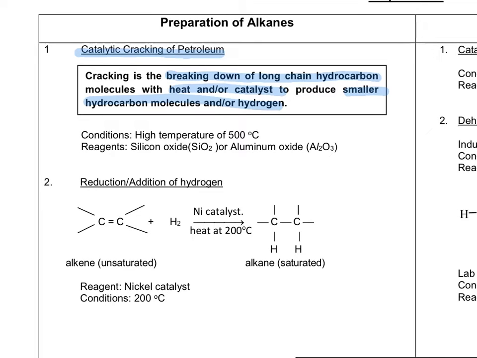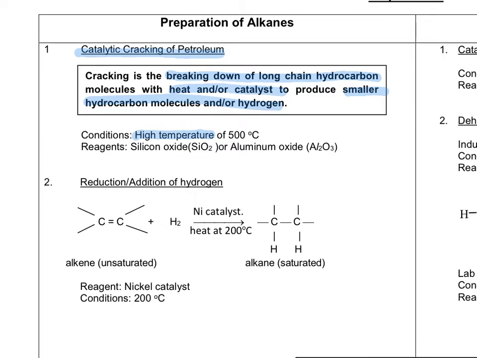So petroleum is what we get from the ground. We learn this in the topic on fuels, and we break them into smaller molecules, and one of them would be alkanes. Now, the condition required is high temperature. The key is high temperature.